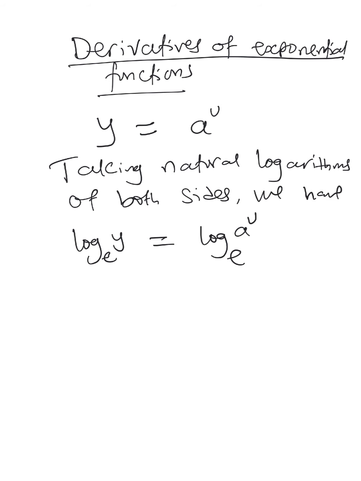There is a law of logarithm that talks about a power of a power. A power of a power turns out to be a coefficient. So we have natural logarithm of y is u times log base e of a.